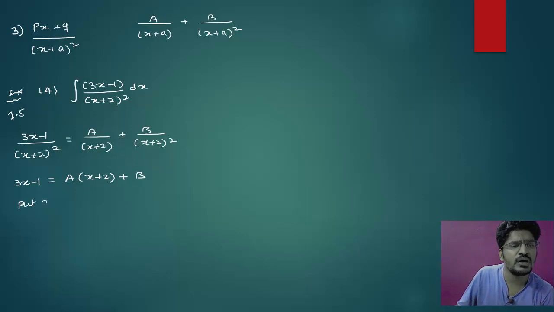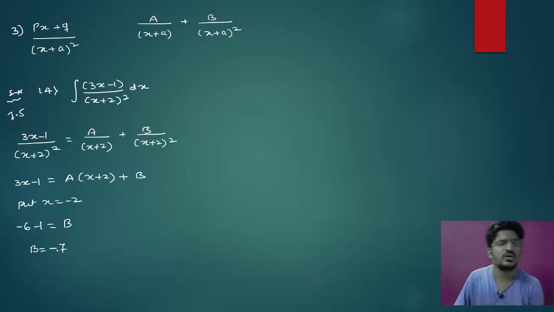Now I will put x equal to −2, so that A will get cancelled and I will get the B value. 3 into −2 is −6, minus 1. This is B. That means B is equal to −7. Clear? Now we have to find the A value.